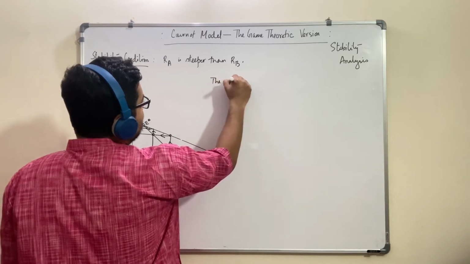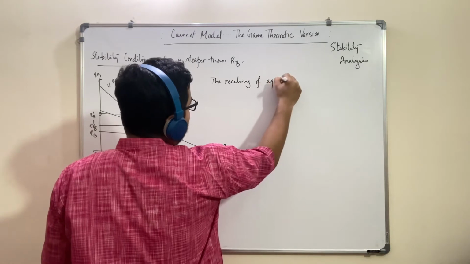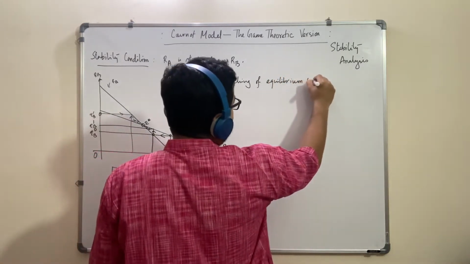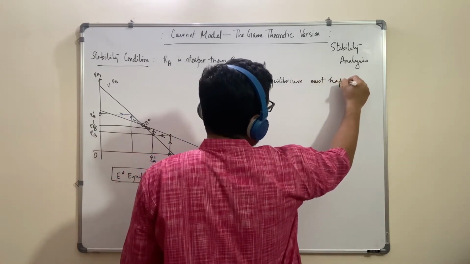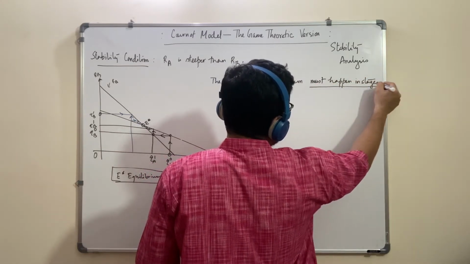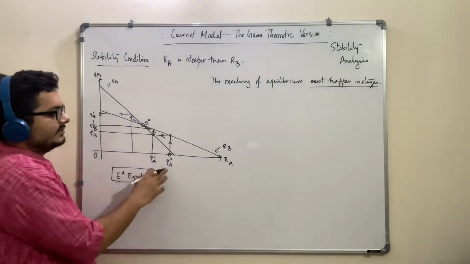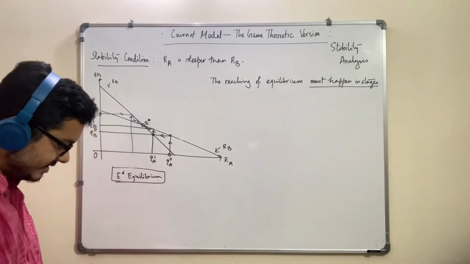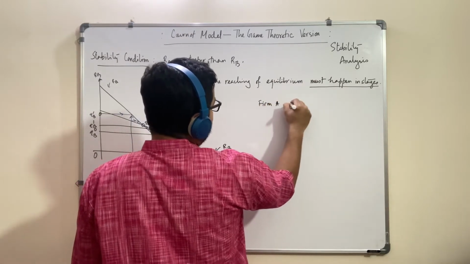The reaching of equilibrium, and here is the catch, must happen in stages, because this is what we are saying. Let me write it down.